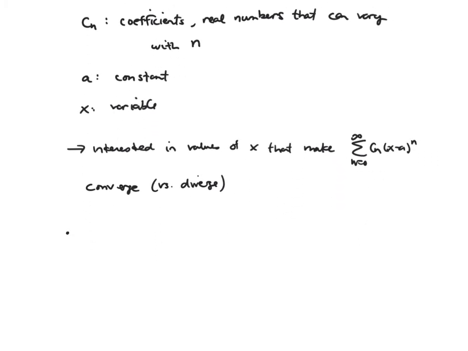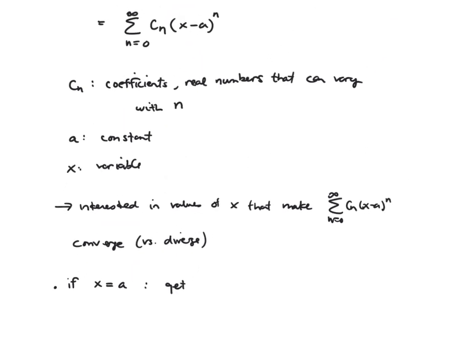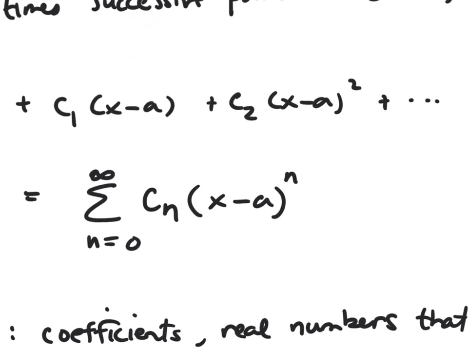Now, one observation. What if x equals a? Let's go up to the series. If x equals a, plugging x equal to a just gives me a minus a, which is 0. And that happens for every term, basically, except possibly when n equals 0. We're going to talk about that in a second.